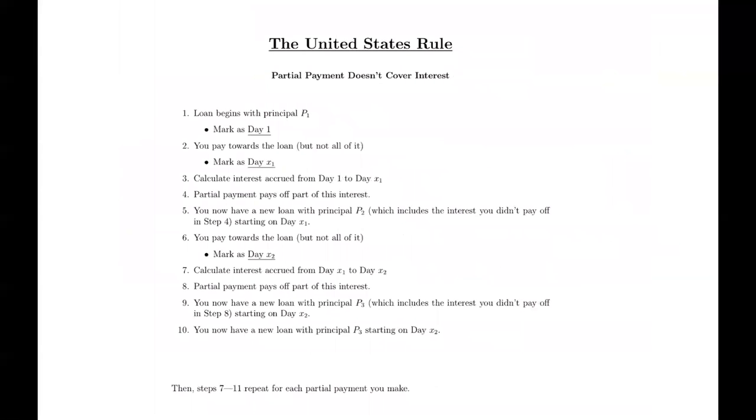This is basically the same thing that I just switched over from, but all that it says is that if our partial payment does not amount to the interest that has accrued so far, that partial payment just pays off part of the interest, and it doesn't pay off any of the principal because we haven't paid enough. We have to take down that interest first.